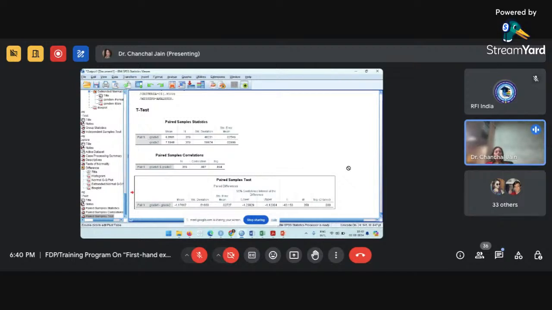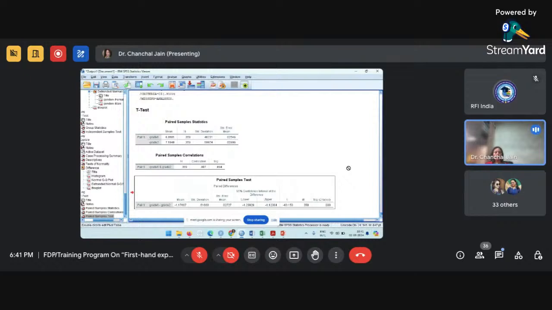And can anyone tell me, I think we haven't formulated that hypothesis, what will be the hypothesis? Ma'am, there is no significant difference between the mean of group 1 and group 2. Yes, there's no significant difference in the mean of group 1 and group 2. Very correct. This will be the hypothesis.